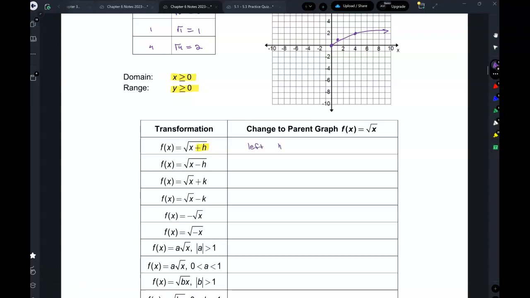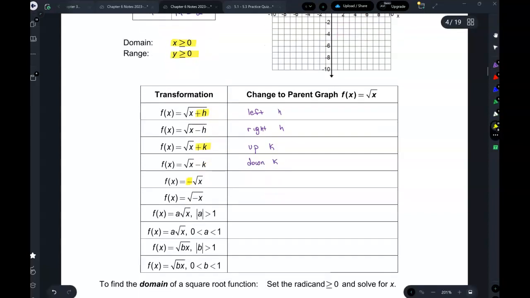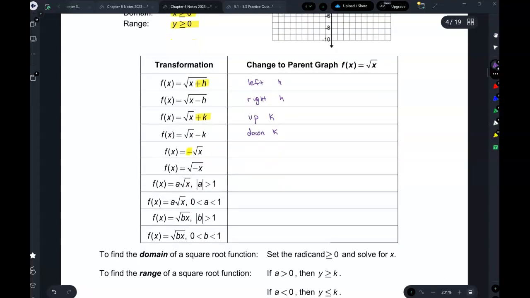What about if you have x minus h? Right h units. What about plus k outside? Up k units. And minus k? Down k units.